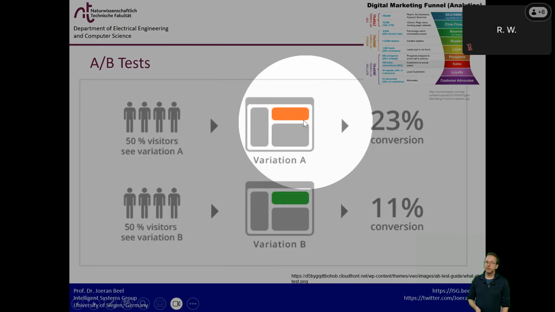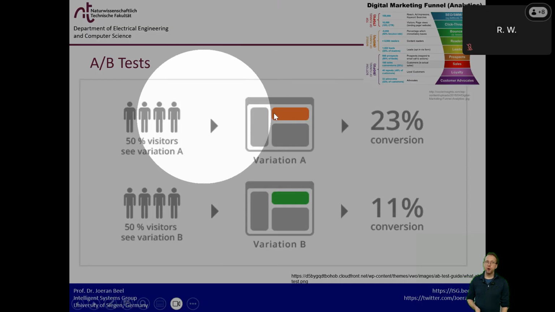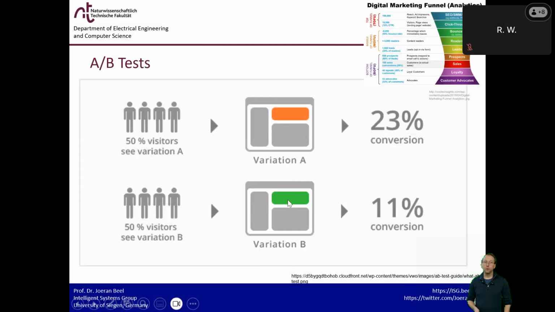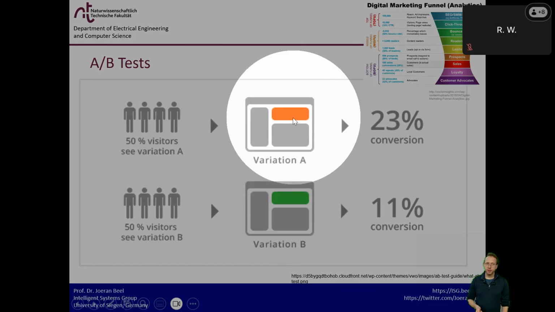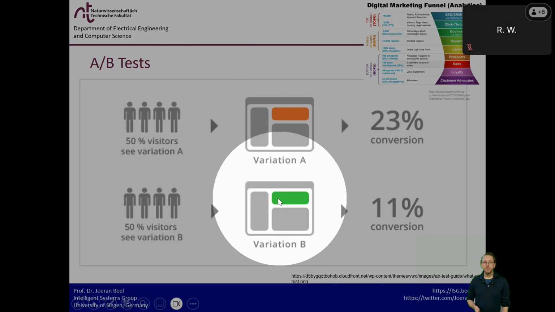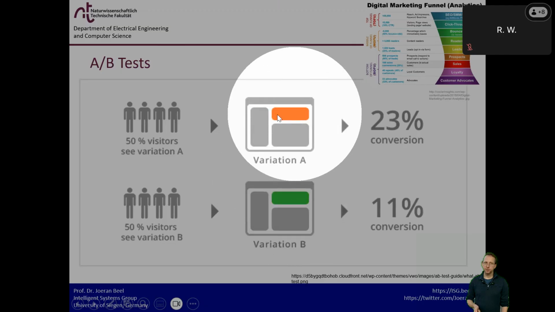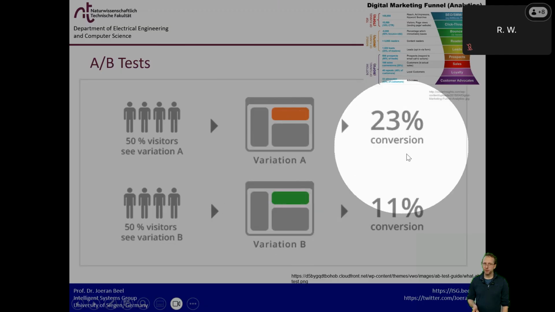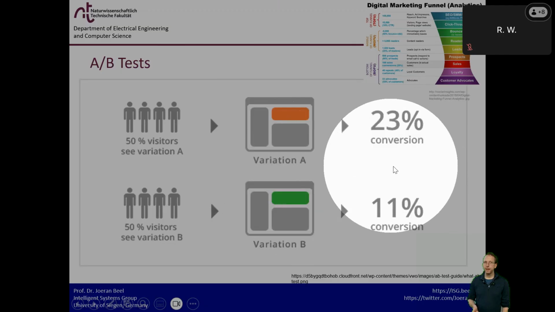That maybe you try out with those people if an orange button to press is better or a green button, or if recommendations are better here to display, or maybe advertisement, or you try out different algorithms to create this element or this element. And then you have some metric, such as click-through rate, or here on the slide, conversion rate.